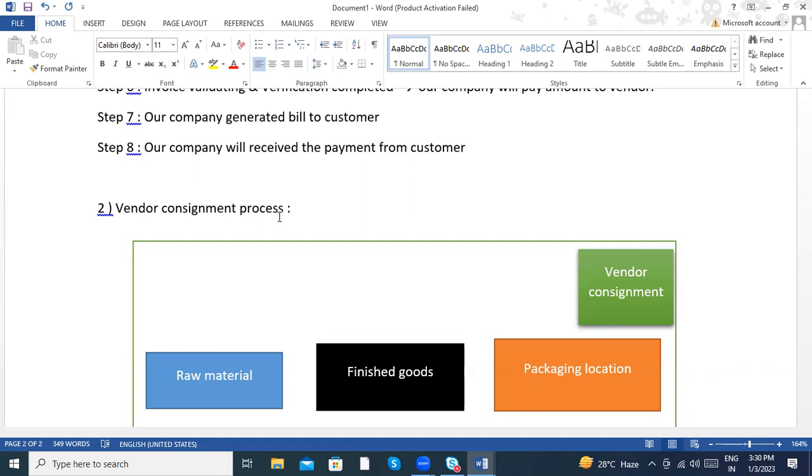I need to utilize it regularly. These are not spoiled goods; the shelf life is very high, and I have regular requirements.